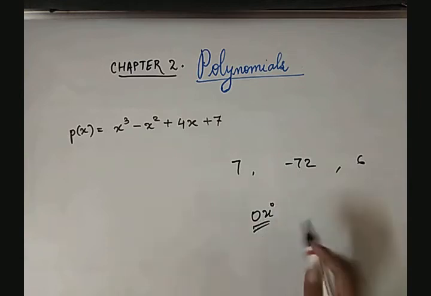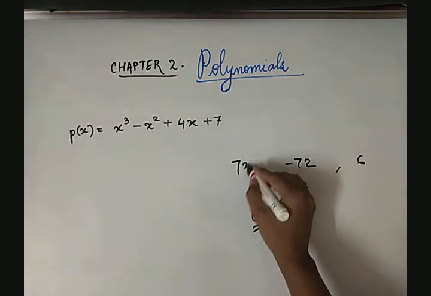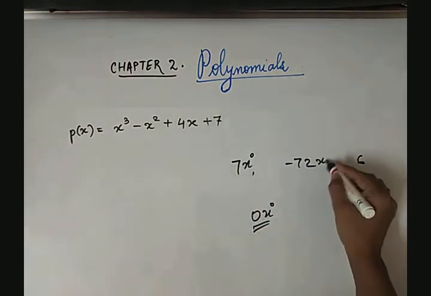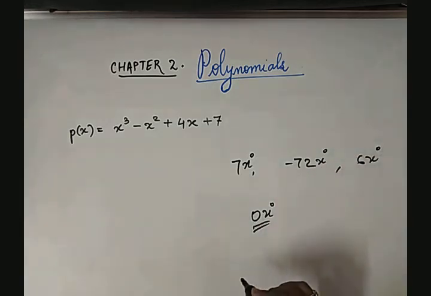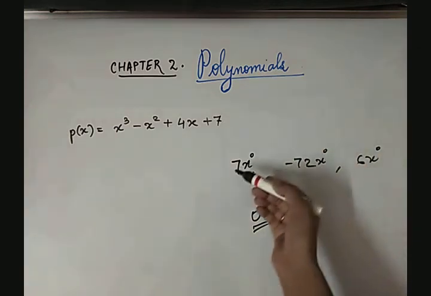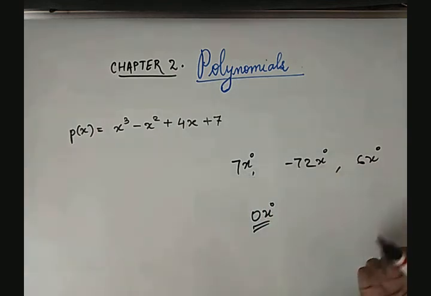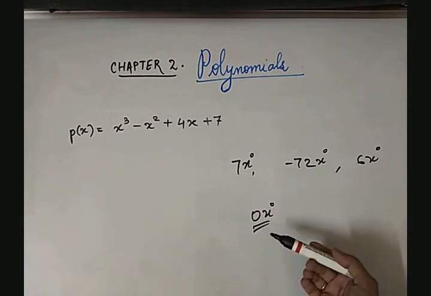Its value is 0, that's why it is called the zero polynomial. And these can be written as 7 into x raised to 0, minus 72 into x raised to 0, 6 into x raised to 0. So these are monomials and the value is a constant, 7. x raised to 0 is 1 only, no? So 1 into 7 is 7. So its value is going to be a constant. That's why it is called a constant polynomial. Here the value is going to be 0 only, that's why it is called the zero polynomial.